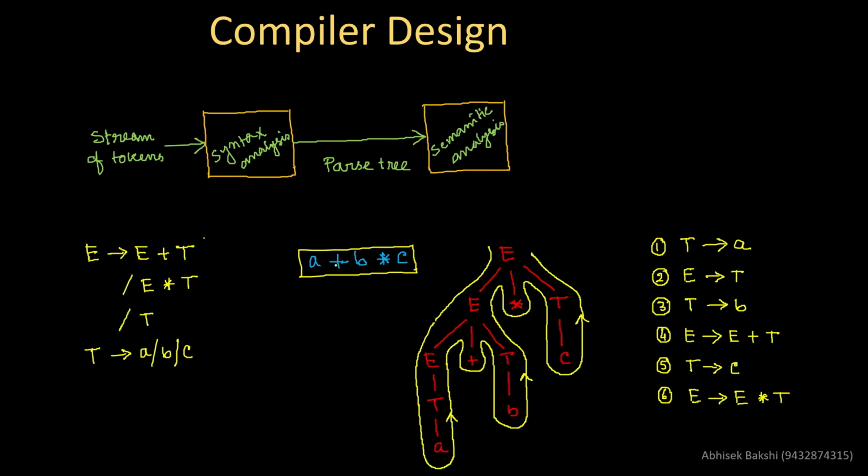So as soon as, for example, in the fourth step you are reducing this E plus T to capital E in the opposite way, we can understand one thing: that something should be added, and that result should get stored somewhere.